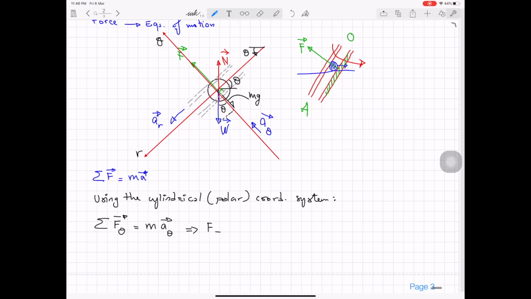So it will be mg cosine theta. So minus mg cosine theta, negative because it's the opposite sign.